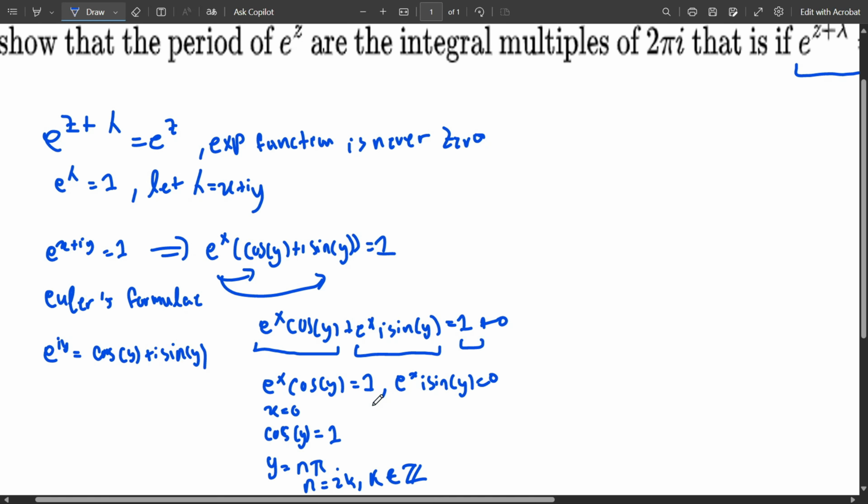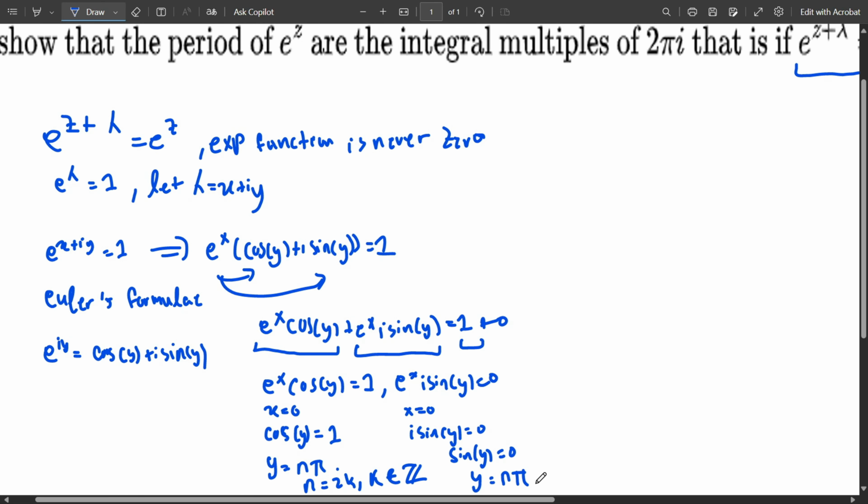And for e to the x times i sine y equals 0, x is the same thing, 0. For i sine y, for the value of y to make sine y equal to 0, y must be n pi.